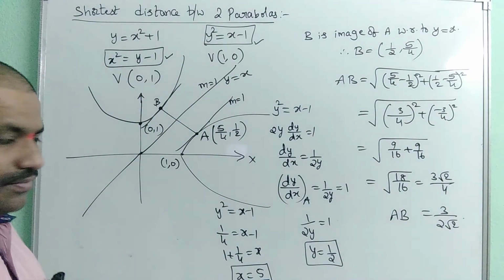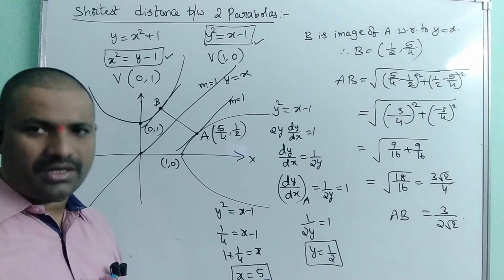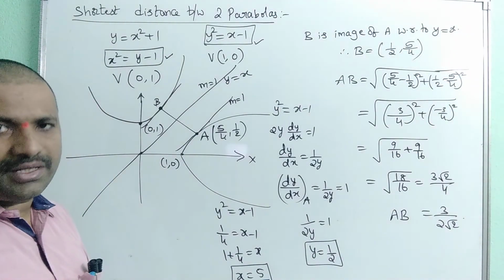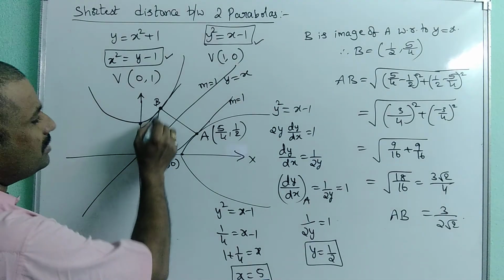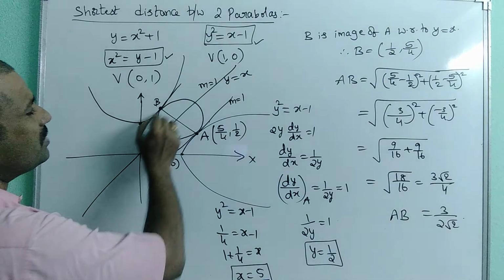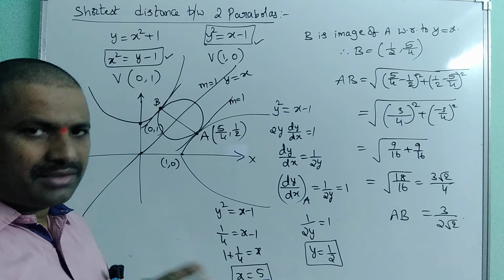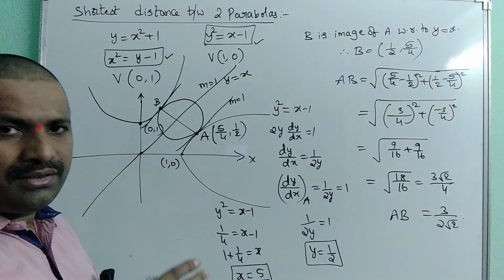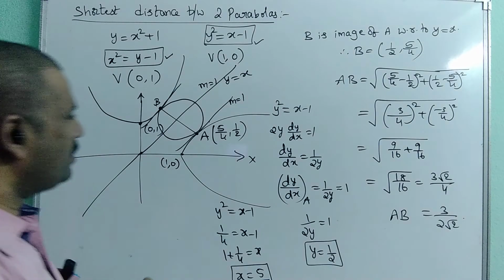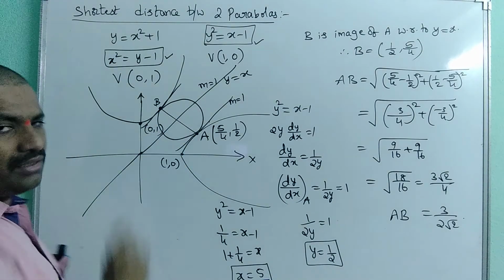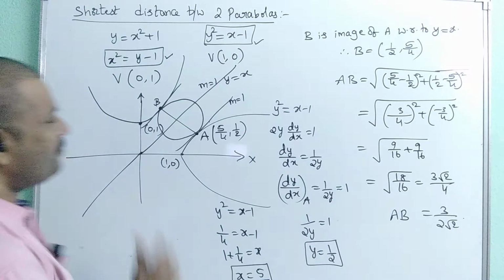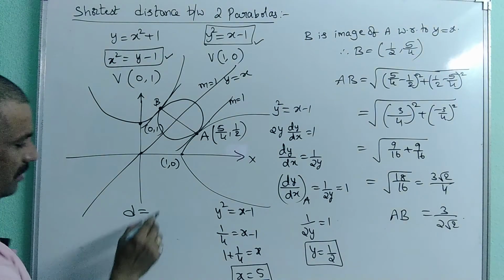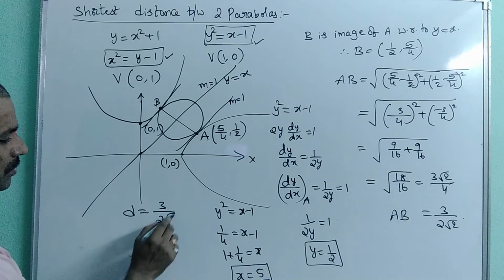Right. They also ask the question in a different way. They ask us to find the minimum area of the circle that touches both the parabolas. That means this is the circle. Now they are asking for area. What is the distance AB? The distance AB is the diameter. What is the diameter? 3 by 2 root 2.